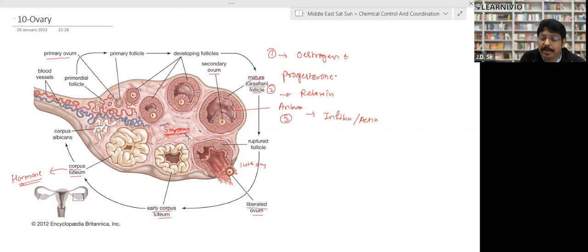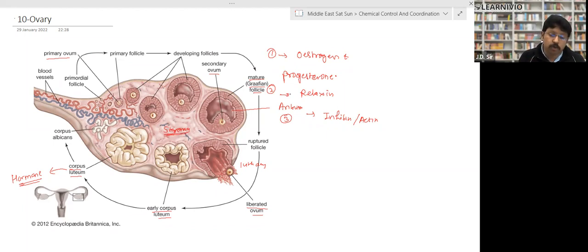This relaxin hormone is responsible for giving birth to the child. It even increases the space between the bones of the pelvic part, so that the birth of the child can take place easily. Inhibin suppresses the release of the hormone, and activin stimulates the release of the sex hormone in females. That is the function of inhibin and activin.